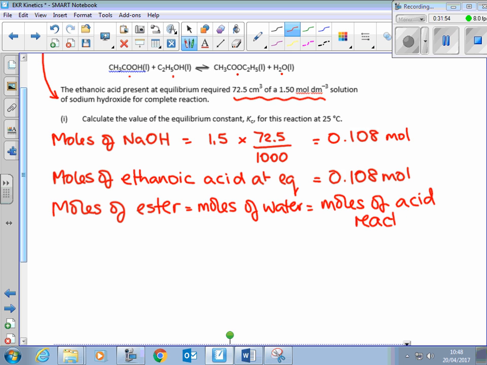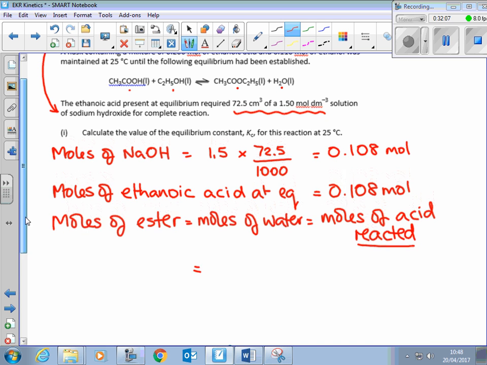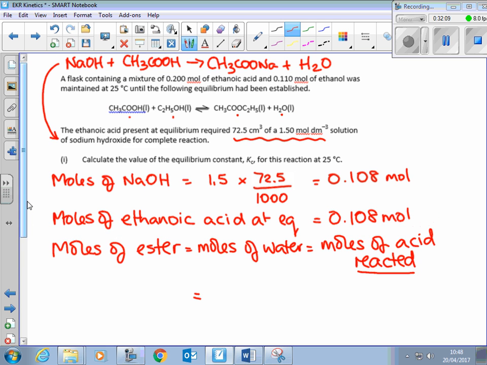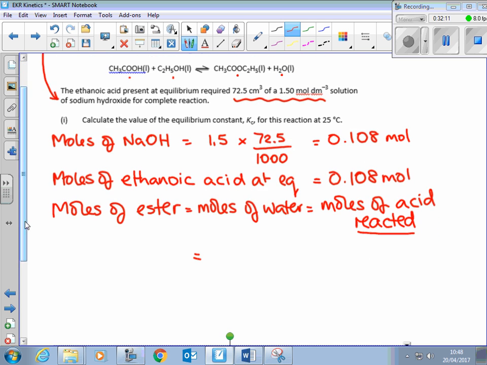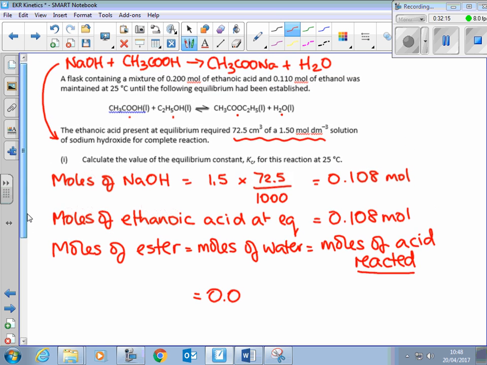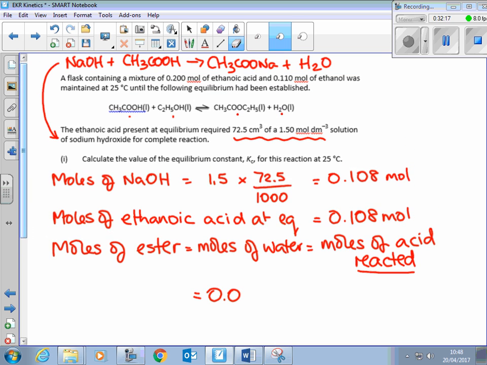We've been having to work that out before, so this is not new. And that then is the 0.2 that we had up on the top bit of the information. Oh, no, it's not. I've got the zeros mixed up.